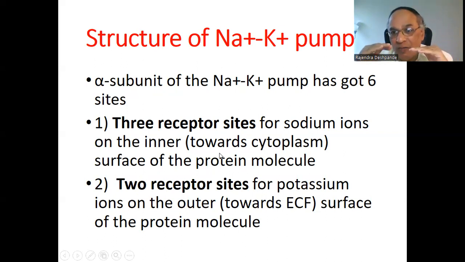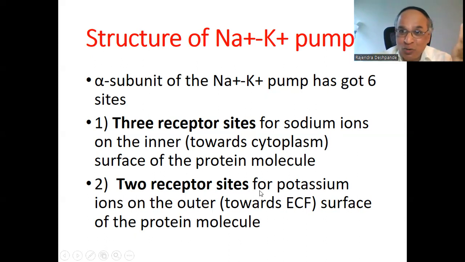Naturally, sodium is going from inside to outside, and it is carried by the receptors. This inner side means inside, intracellular fluid, the cytoplasm surface of the protein molecule. Again, I will repeat, there are 3 receptor sites for sodium ions on the inner surface of the protein molecule of the NAK pump.